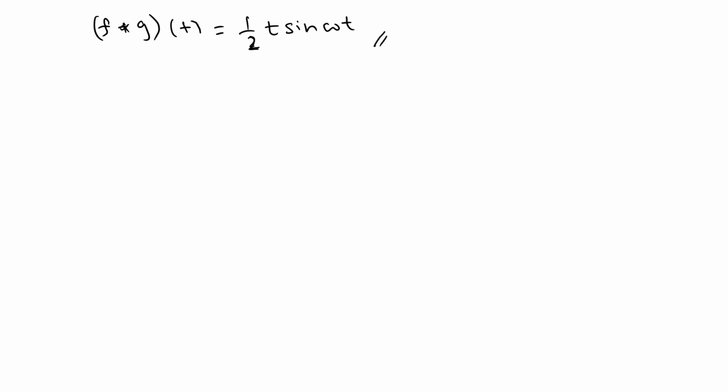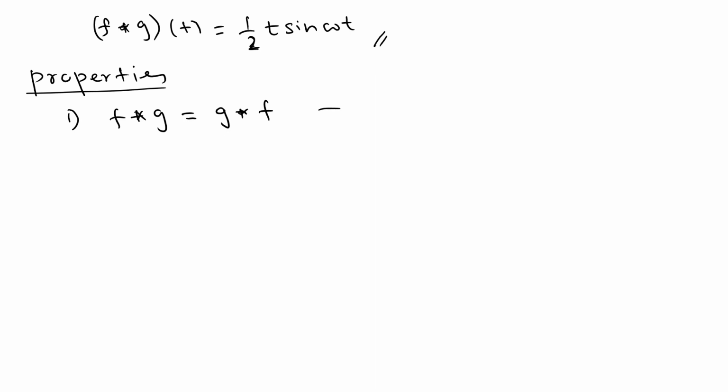So let's talk about some of the properties that we have. We need to talk about 3 properties. The first one is the commutative property. We know that f star g is equal to g star f.